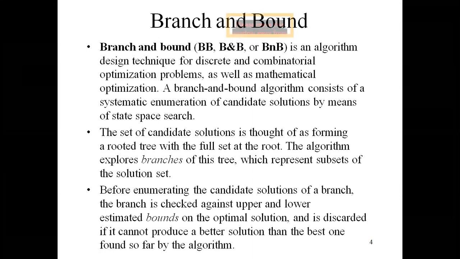Branching means constructing the state space tree, whereas bound means we are using the bounding function, which may be upper bound or lower bound. Upper bound is used for maximization and lower bound is used for minimization.